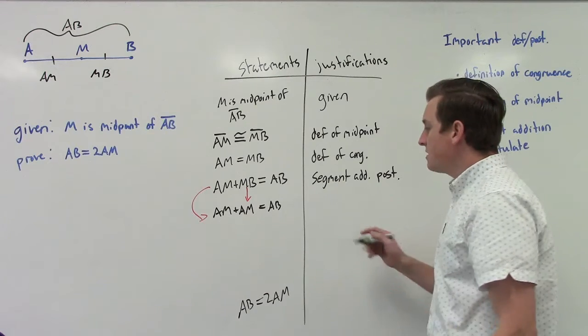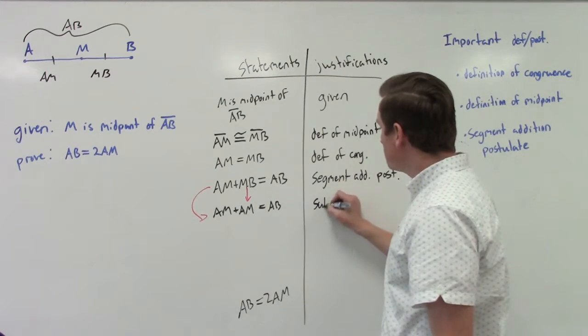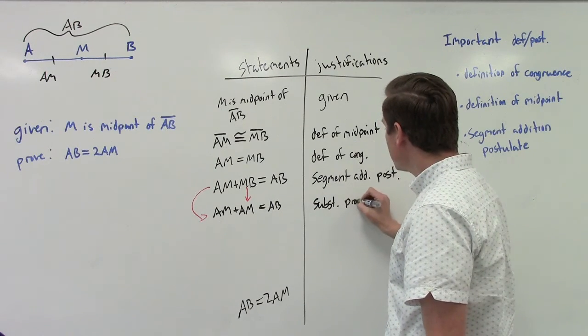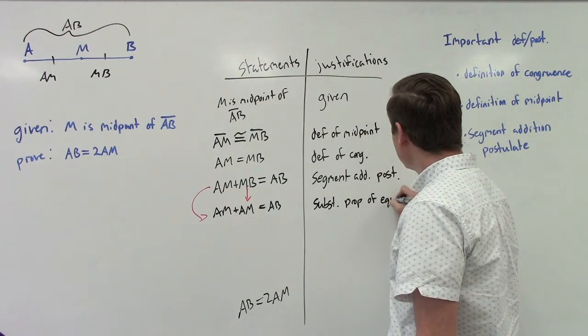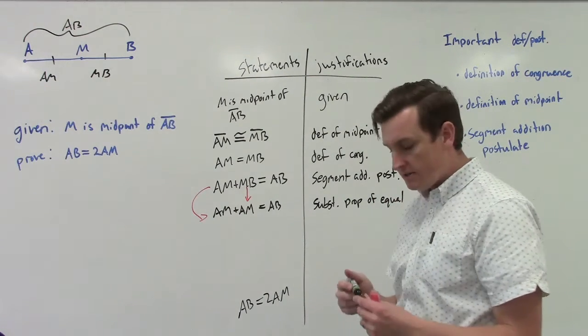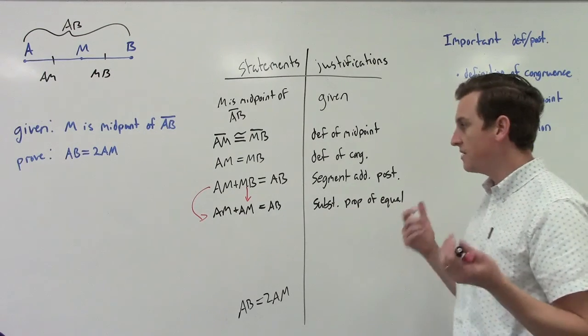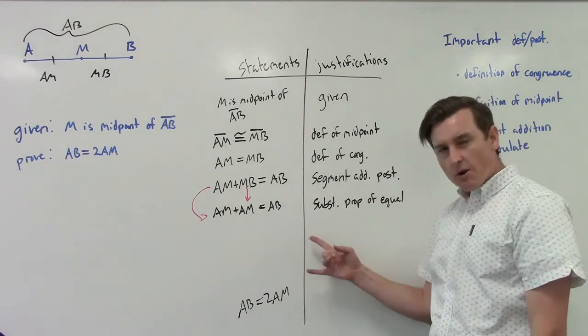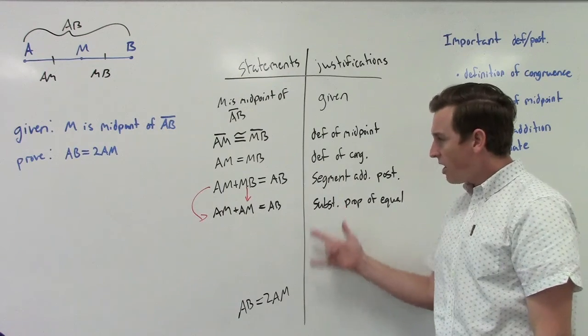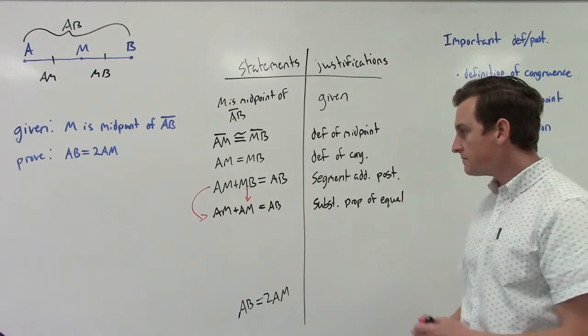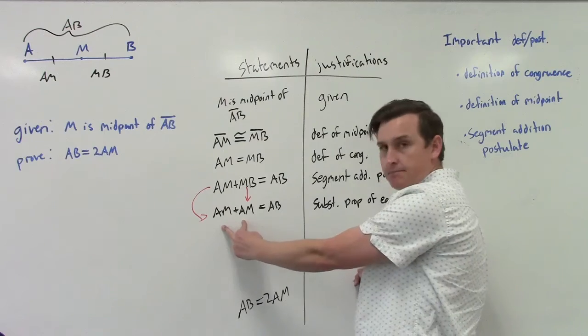Okay? So I'm kind of diagramming it out for you a little bit, but you wouldn't normally do that in a proof. Okay, so what do we do here? This was the substitution property of equality. It's a good thing that we're in equality land, because there's not a substitution property for congruence. So that's cool. Can you see where we're headed now? Can you see where we're almost there? What is AM plus AM?